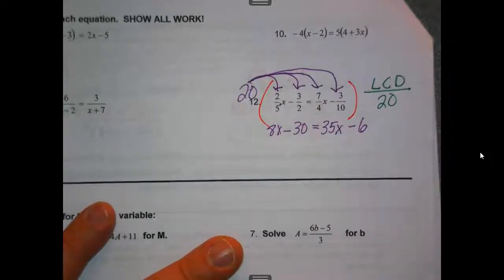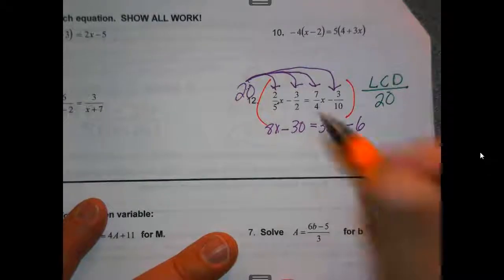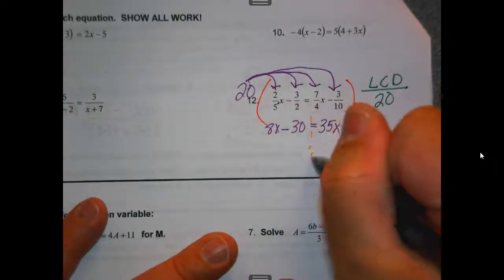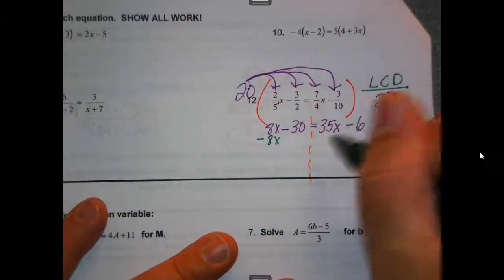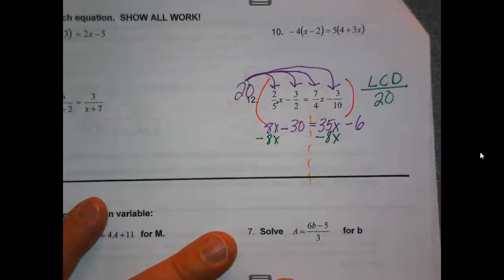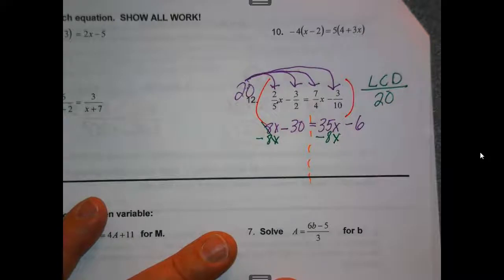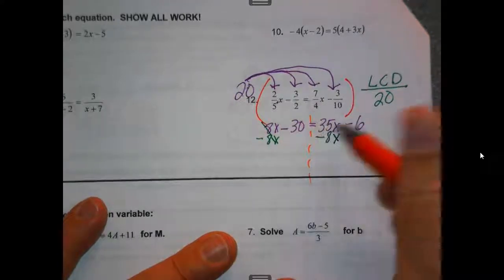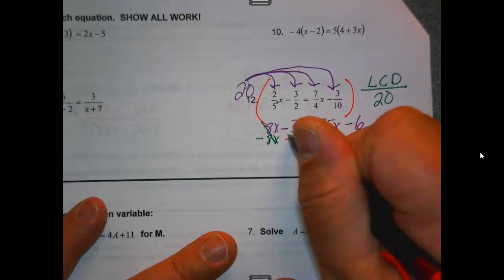All right, let's see. This is an equation, so I'm going to keep my x terms positive. I'm going to subtract 8x. If it was an inequality, I would want to keep my variable term on the left-hand side. So my x terms are going to cancel, which means I have to get the constant term on the left-hand side.